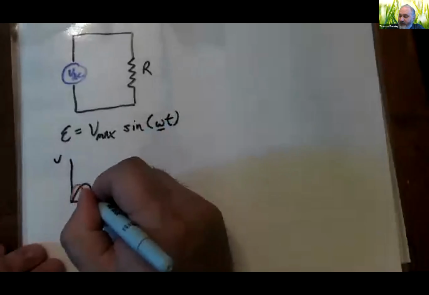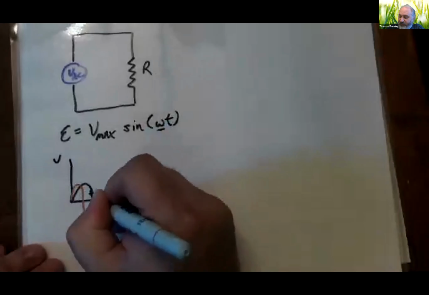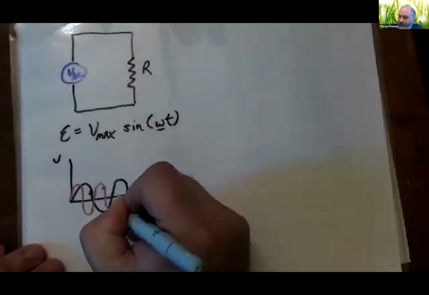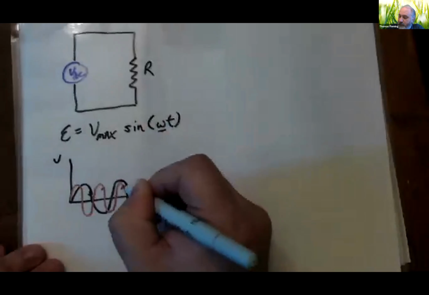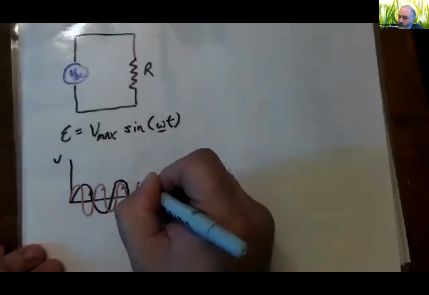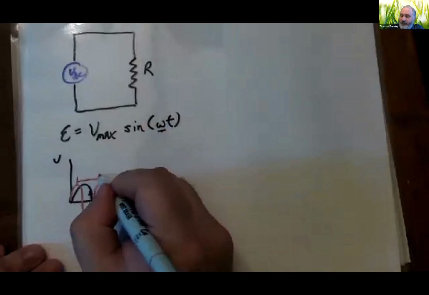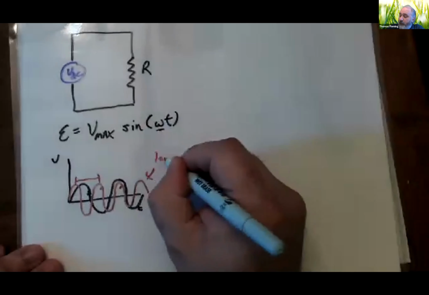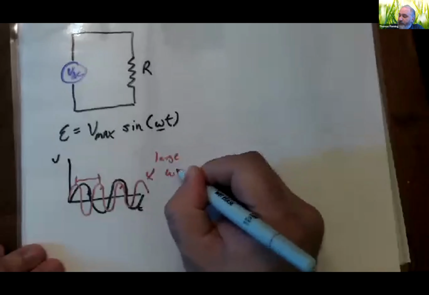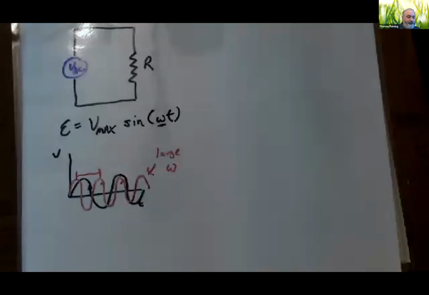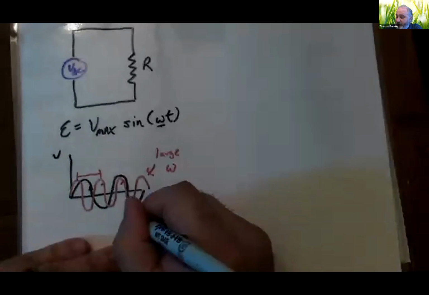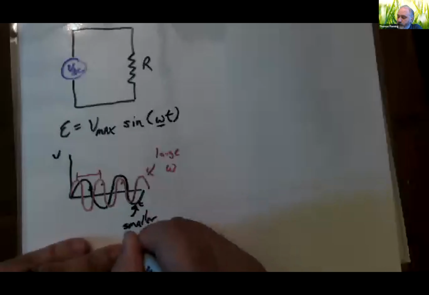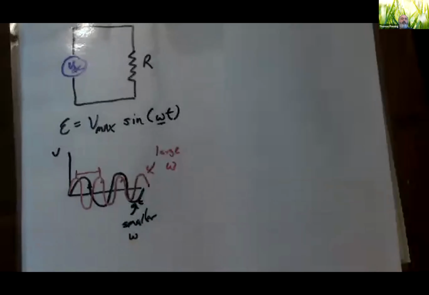Then it would go to the same size heights and same depths, but the period would be shorter. So this is a large value of omega, and the black line would be a smaller omega. So conceptually, that's what omega represents.